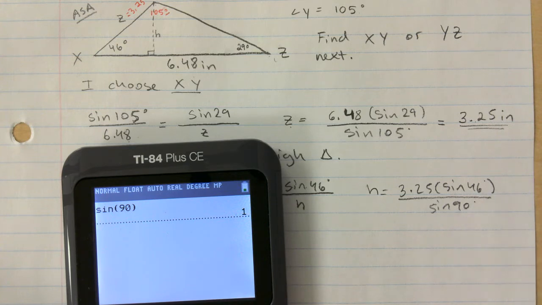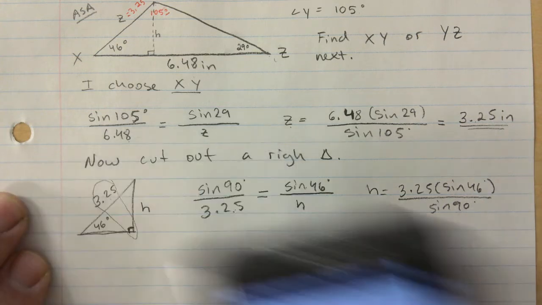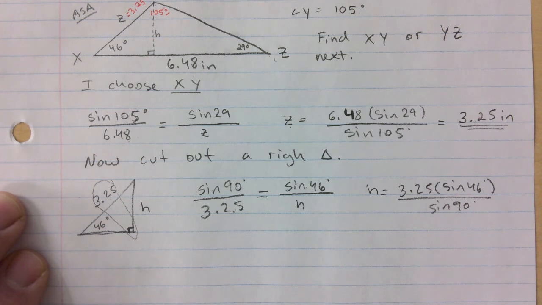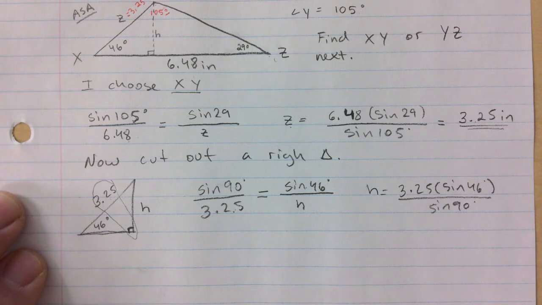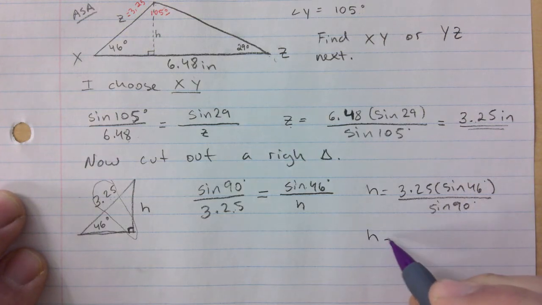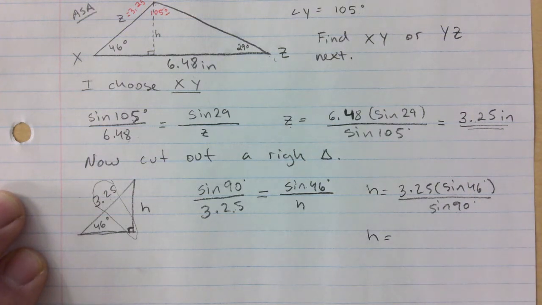So sine of 90 is a bit irrelevant, but it's like a placeholder, so you know, it's still always cross multiply and divide. I'm just saying that because sometimes students hit enter after doing this and then divide by sine of 90 and nothing happens. It's because you're dividing by 1. Okay, let's go ahead and find out what that is.